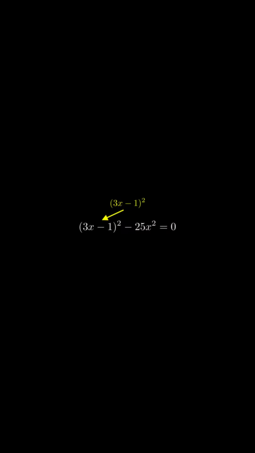To solve this equation effectively, we'll follow these 4 key steps that apply to many quadratic equations with similar patterns. Step 1. We'll rearrange the equation to isolate the squared terms on opposite sides. Step 2. We'll recognize and factor the expression as a difference of squares, which is the pattern a² - b².